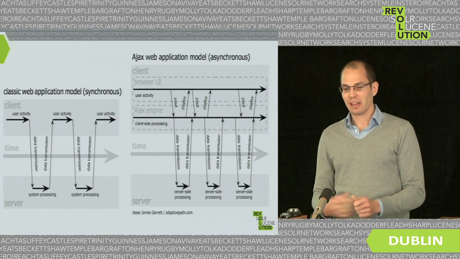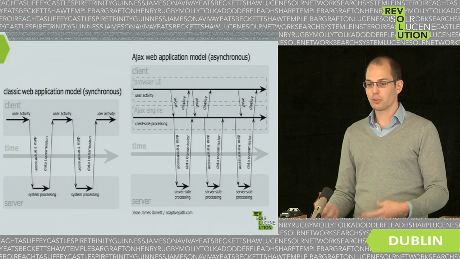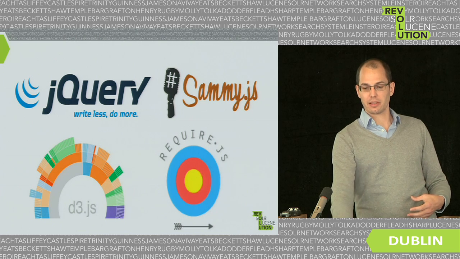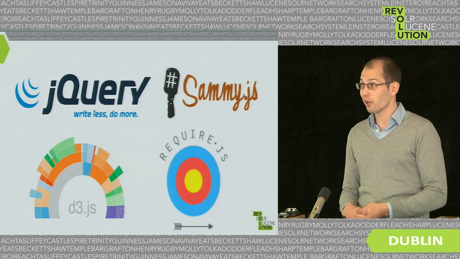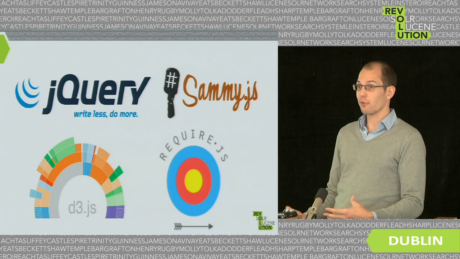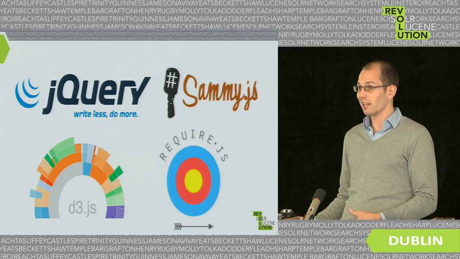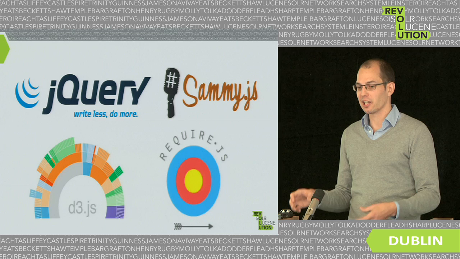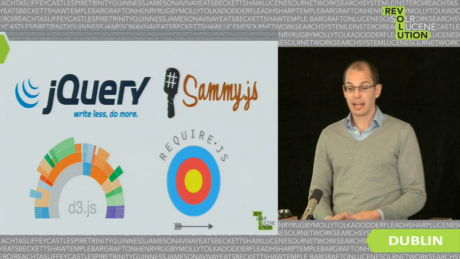So the new UI is completely running inside your browser, using things like jQuery, a JavaScript framework. Sammy.js is for routing. As you have it on the server, you need it on the client as well to do some differentiation, like which core you have selected and which page I should show you.